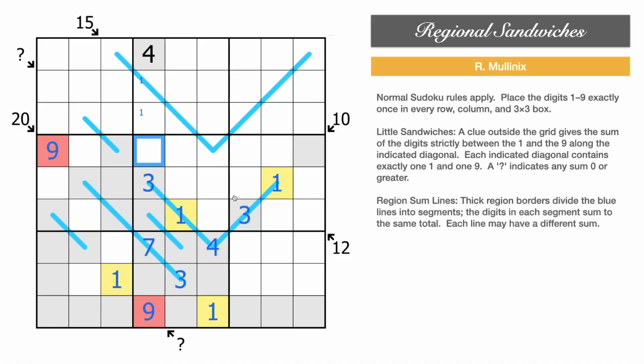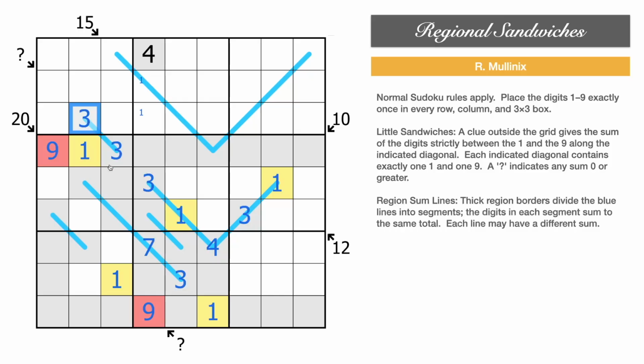And this is gray, and these are gray because you see 1 and 9. In fact, the 1 is placed in box 4, and then the 3 is placed by Sudoku here, which forces here because of the region sum line.